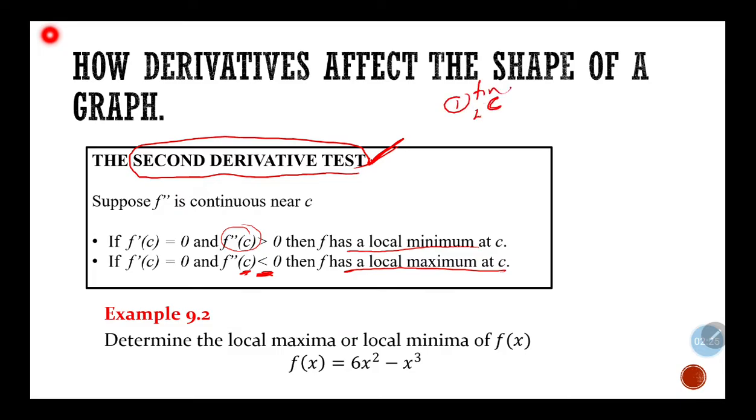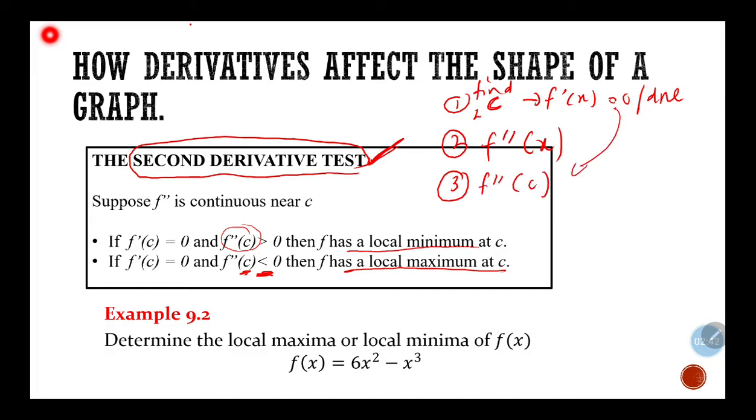Using the second derivative test, first step you have to find the critical number c, differentiate, f prime x equals 0 or does not exist. Second step, you have to find f double prime x. Third step, substitute x equals c into f double prime x and check whether f double prime c is more than 0 or less than 0.